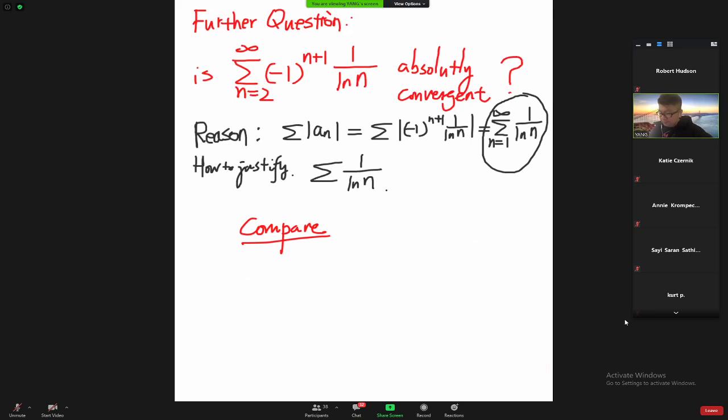Okay, let me see. Looks like nobody has good suggestions, so let me suggest something. The ratio test fails, the limit comparison test fails, and the integral test fails. Can I do the comparison test?